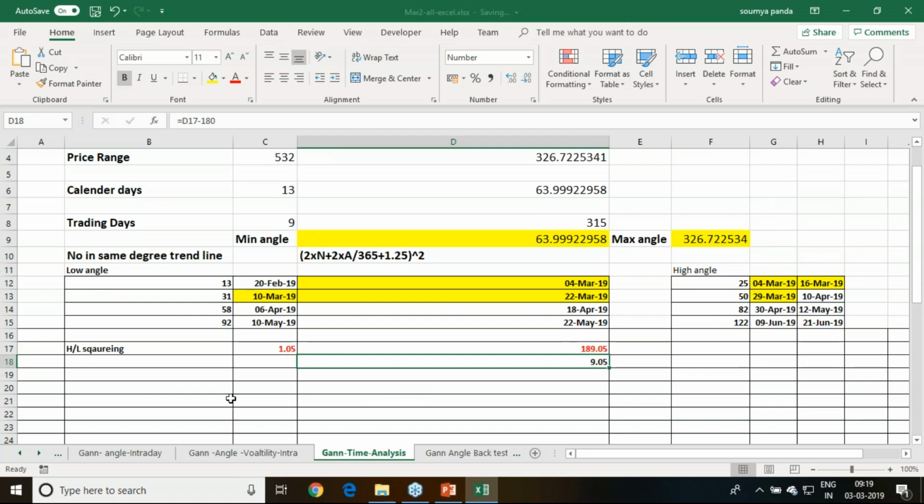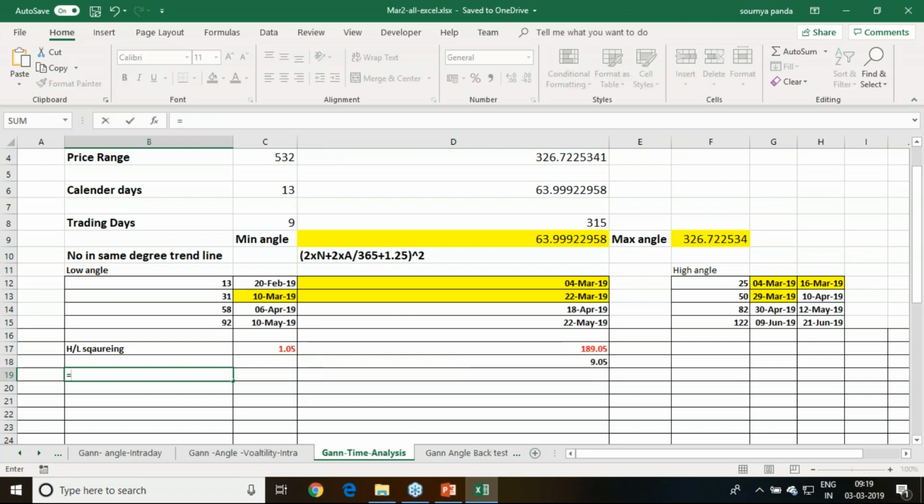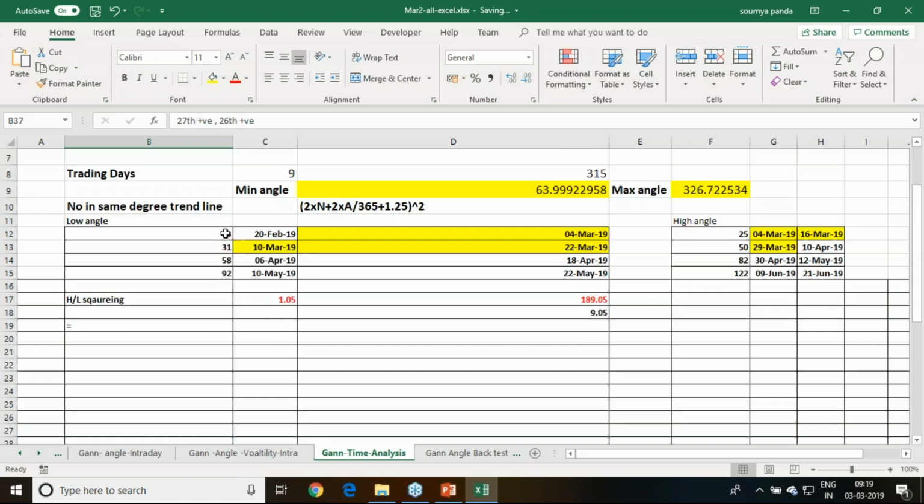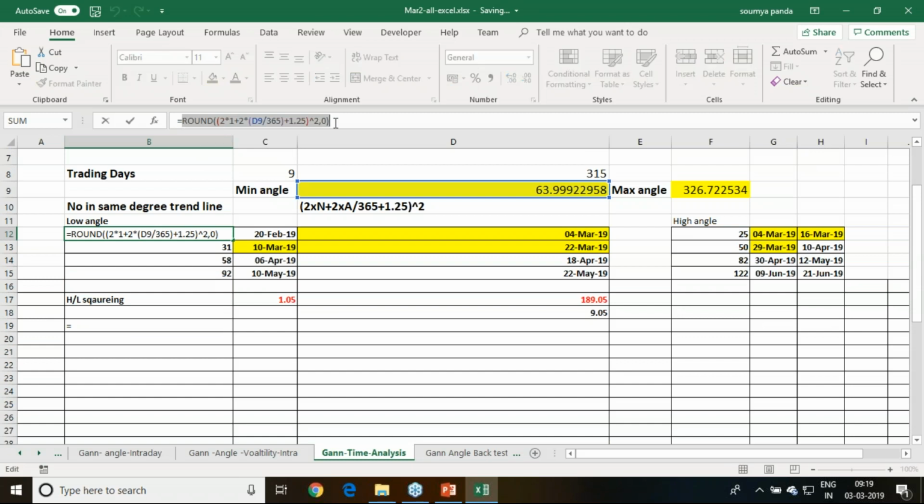Now we need to find three numbers on the 9.5 trend line. So this 9.5 we have to take into confidence. The formula is 2 into n. Let me copy this formula directly and put it here.